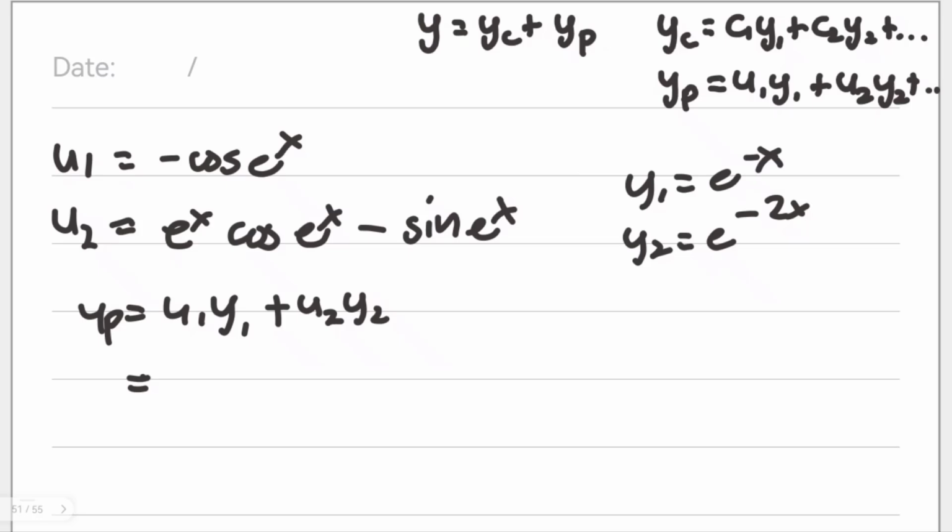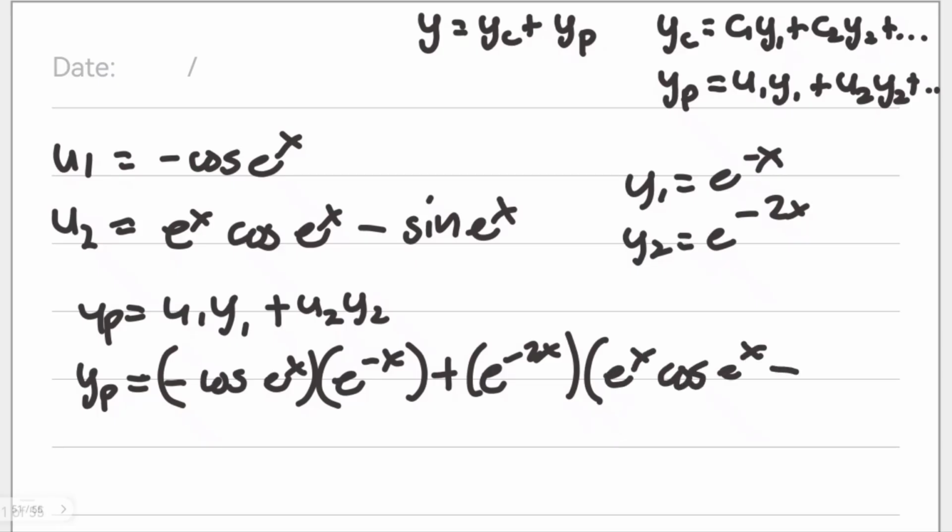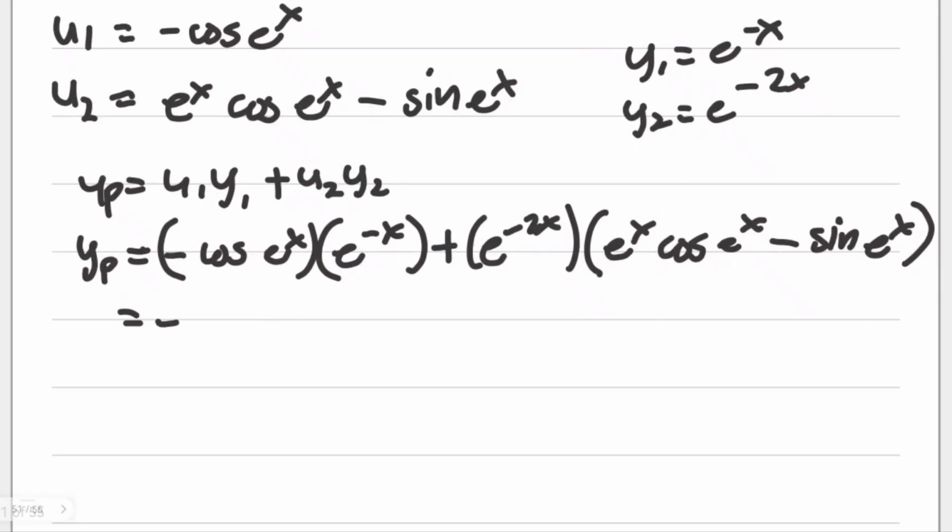So with that, y sub p: u sub 1 is negative cosine e to the power of x times e to the power of negative x, plus u sub 2, which is e to the power of negative 2x times the binomial expression e to the power of x cosine e to the power of x minus sine e to the power of x. So you have negative e to the power of negative x cosine e to the power of x.